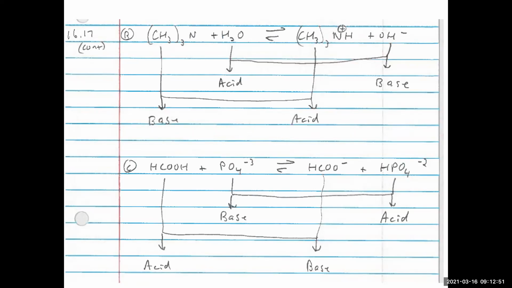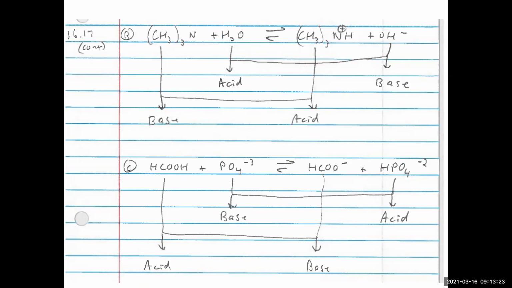So you should be able to look at an equation like this and figure out which ones are donating protons, which ones are picking up protons, and then match them up as the conjugate acid base pairs. And the thing to remember is, because we call them conjugate acid base pairs, for instance, the PO4 part is going to go with the other one that has a PO4.